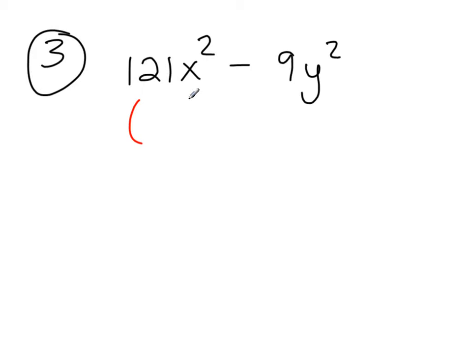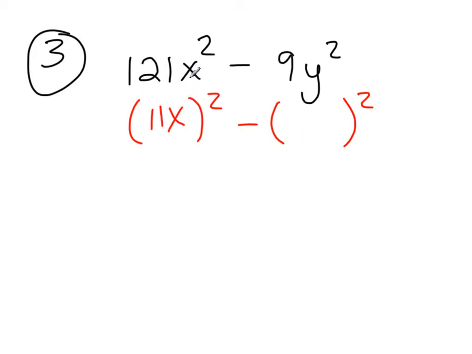Let's say we have 121 x squared minus 9y squared. So we're asked to factor this. If we can write these two things as a difference of 2 squares, then we can factor it. Also, I should have checked if there's a GCF. The GCF between the two is 1, so there's no greatest common factor. Now, we're looking at 121x squared, and 11 times 11 is 121.